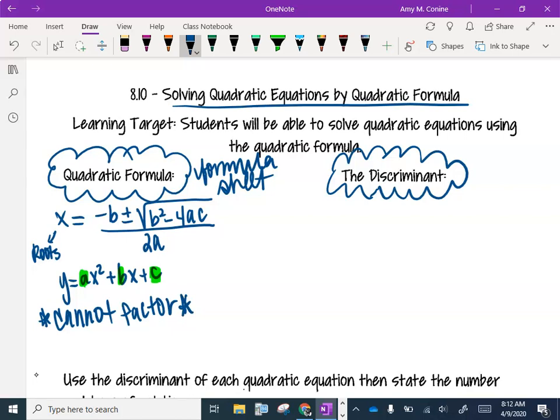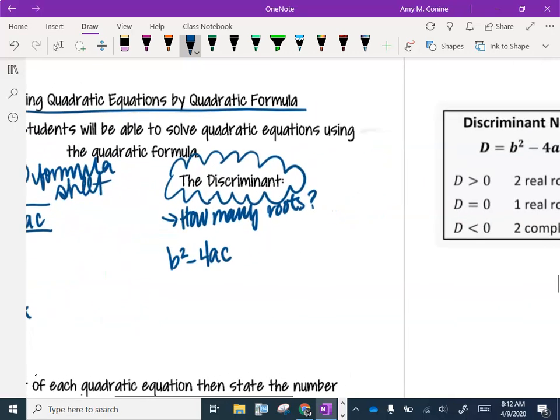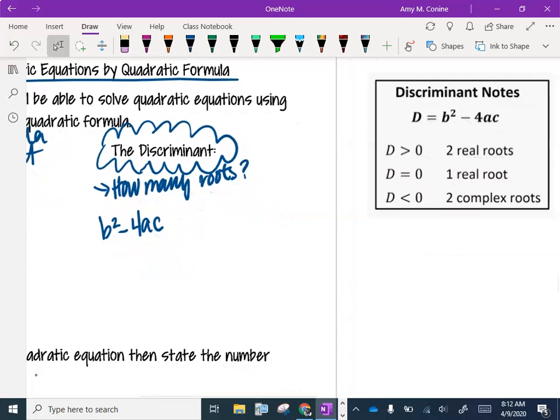The discriminant determines how many roots we have. So how many solutions are you going to have? To find that, it's just b squared minus 4ac. To help us, I have this lovely little chart right here.